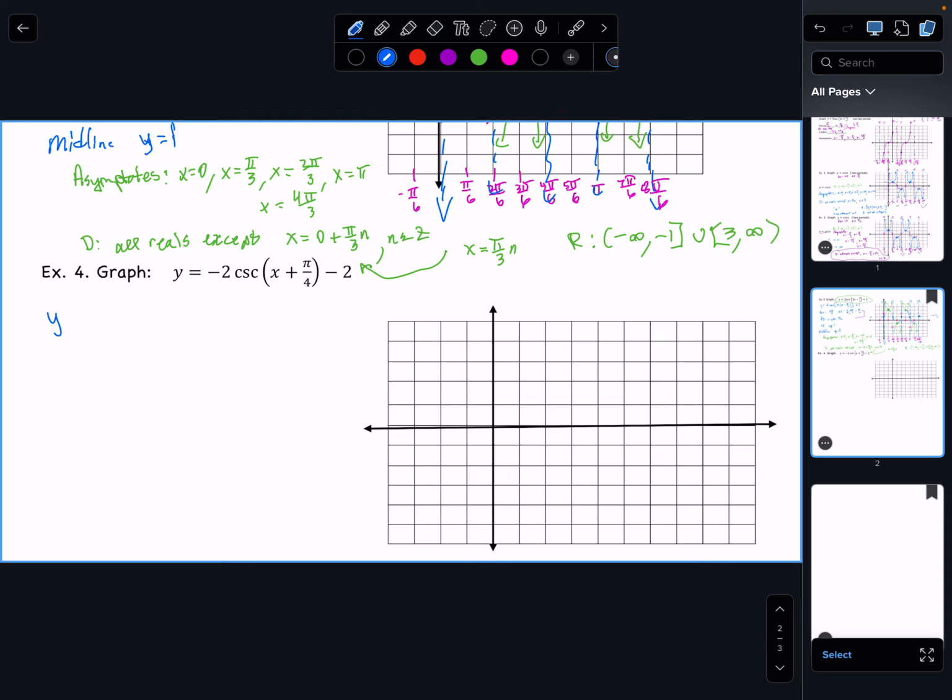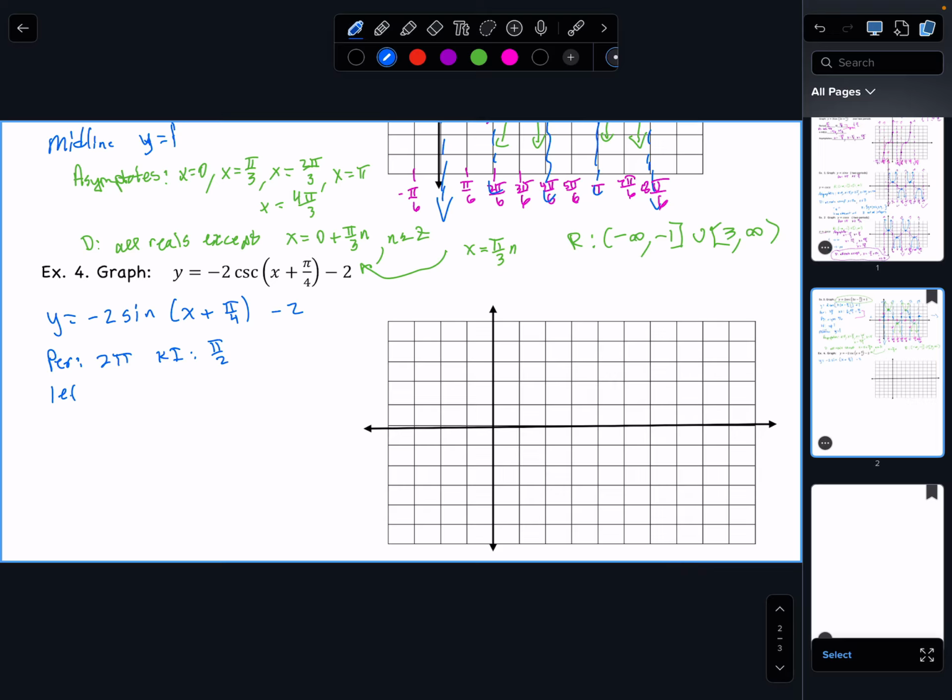And so for the next one, the reciprocal of cosecant is secant. Or I'm sorry, the reciprocal of cosecant is sine. And the b is just 1, so there's not a period change. But you're going to be shifting left pi fourths and going down 2. So the period is 2 pi, and that means my key increment is pi halves.